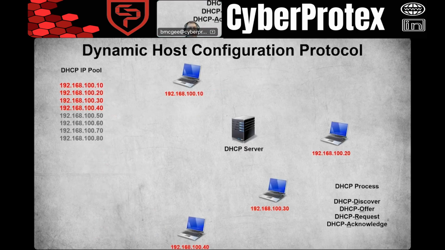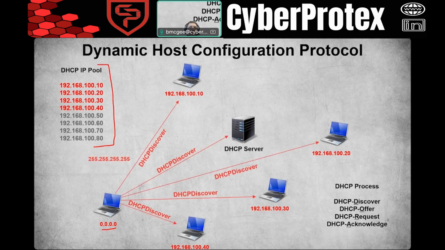So this is how DHCP works. Check it out. If you have a pool over on the left-hand side of different IP addresses, the ones in red are already taken. A new computer is trying to join the network over here, right? The new computer will hit up the DHCP server.